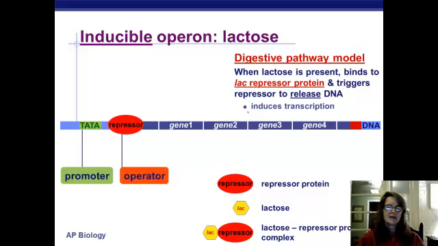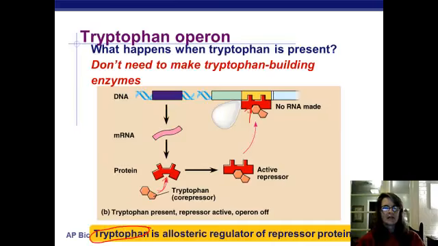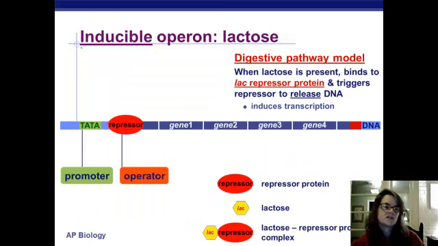Okay? That's called a repressible operon. It's getting repressed. It's going to always be on, but it can be stopped. Okay? Now, let's look at one that is called an inducible one. One that is generally off, but we can cause it to turn on.